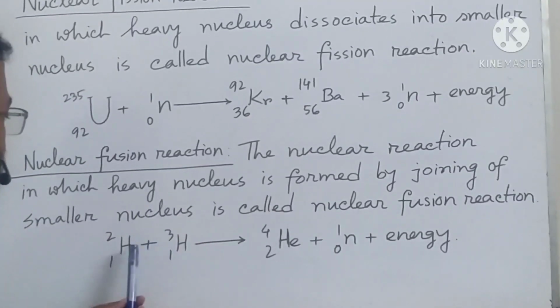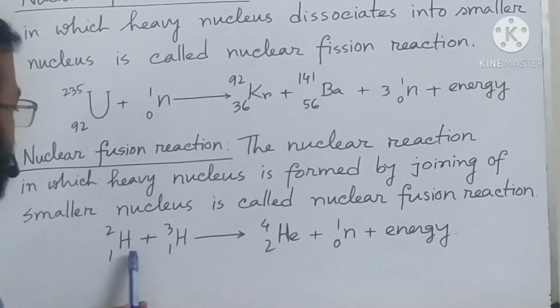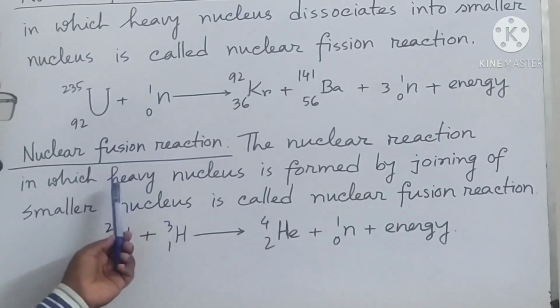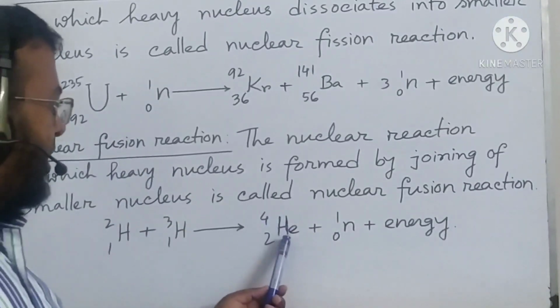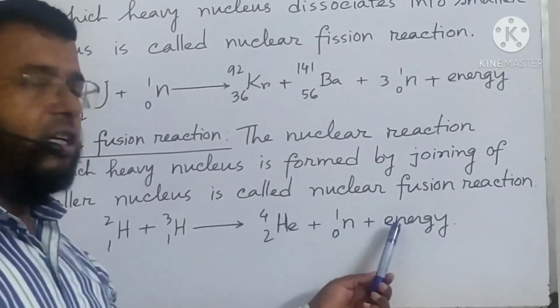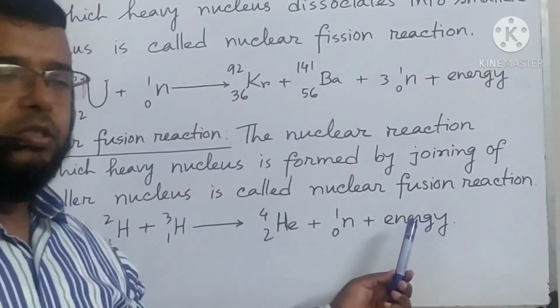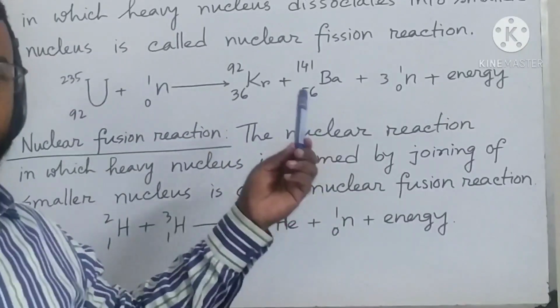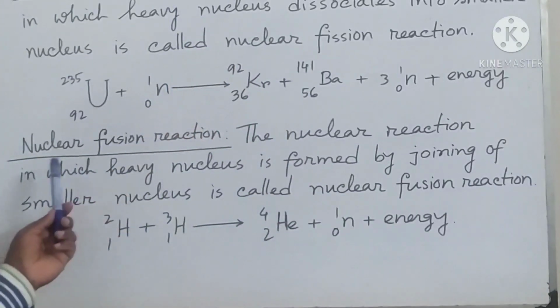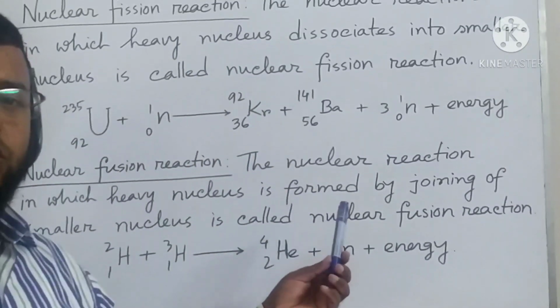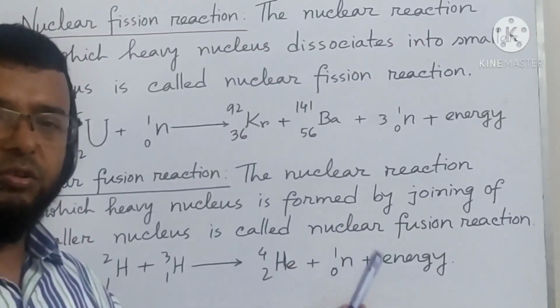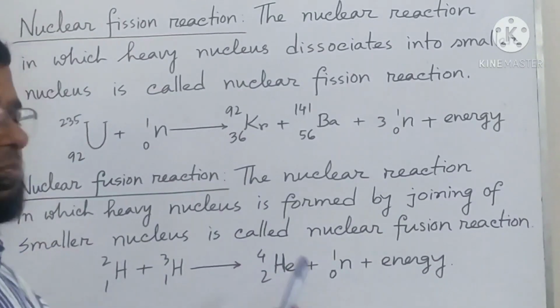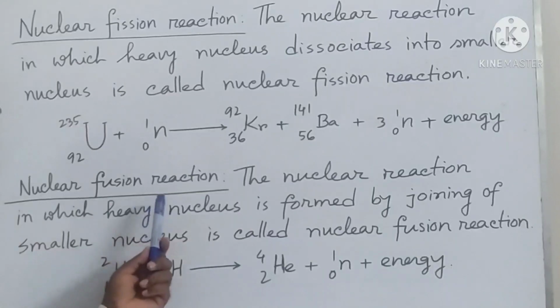Here two hydrogen nuclei make a heavy nucleus, helium, and 1 neutron and a huge amount of energy. So we have seen that nuclear reactions are of two types. One is nuclear fission reaction, another one is nuclear fusion reaction. So now a question may come in this way: what are the differences between nuclear fission and nuclear fusion reaction?